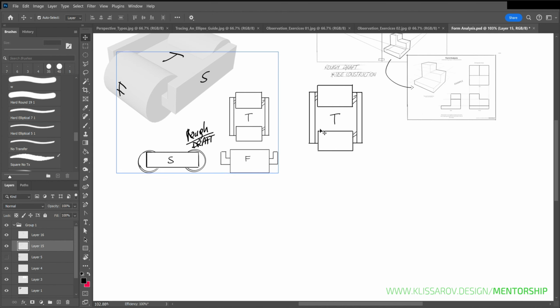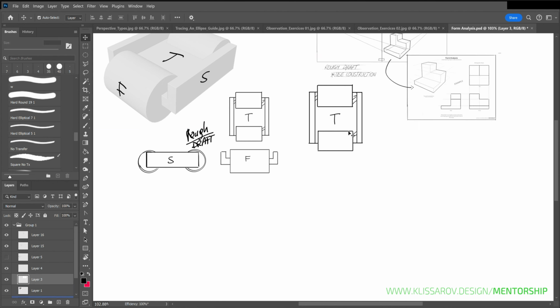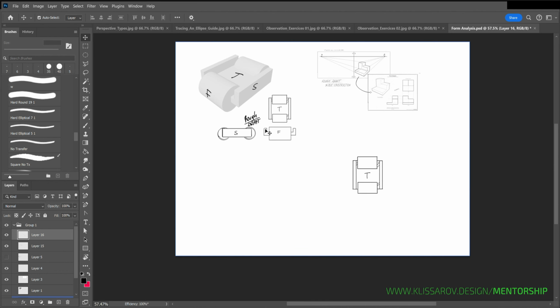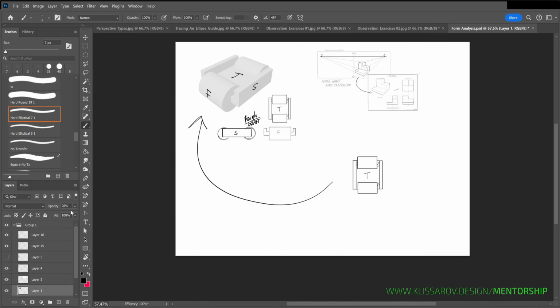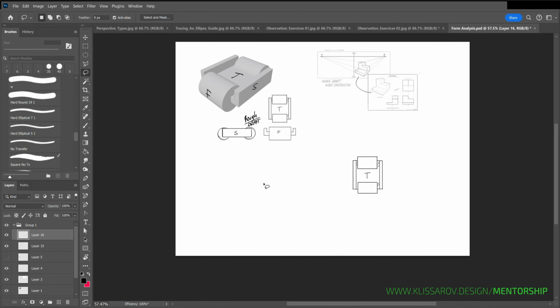Now, we take one of our rough drafts, in this case the top view. We must always have in mind what this shape looks like, because we have it here. And we should always be considering also what we have analyzed in these rough draft sketches.